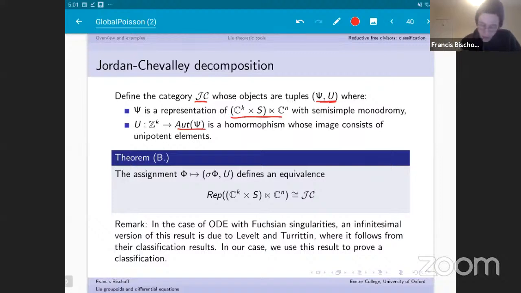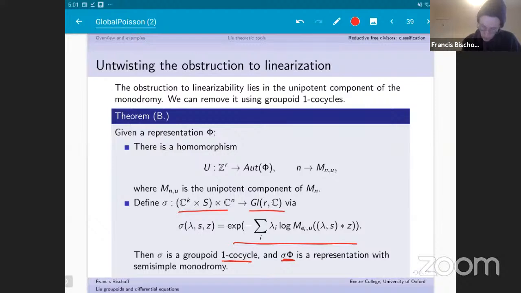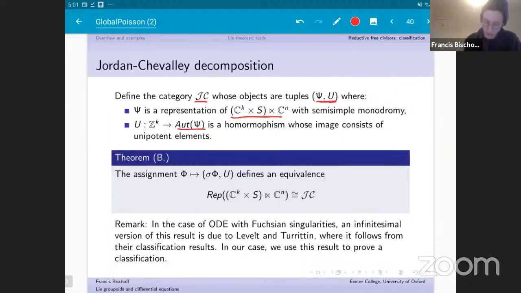Okay, and then the theorem is that these two steps that I just described combine to give us a functor, which is an equivalence of categories between the category of representations of this groupoid and this category JC. So I think of this as a Jordan decomposition for connections.